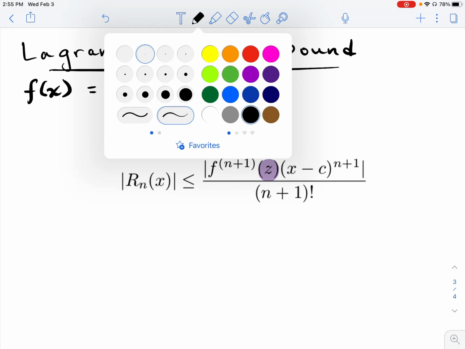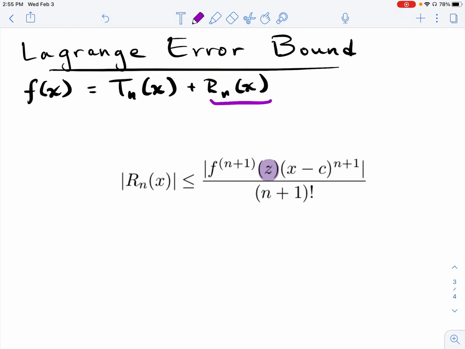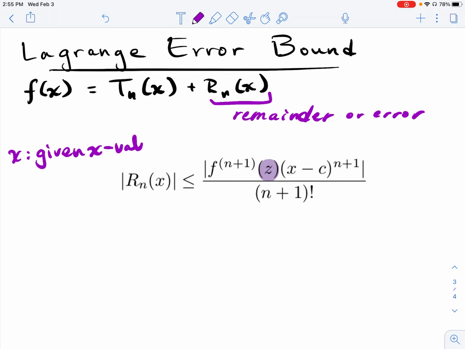So first off, let me just highlight a couple things. R sub n of x, this is our remainder, or our error. And what we have here is that x is our given x value, the x value where we're trying to evaluate it, and c is where our function is centered.